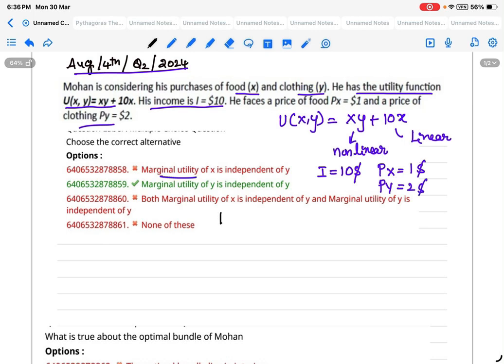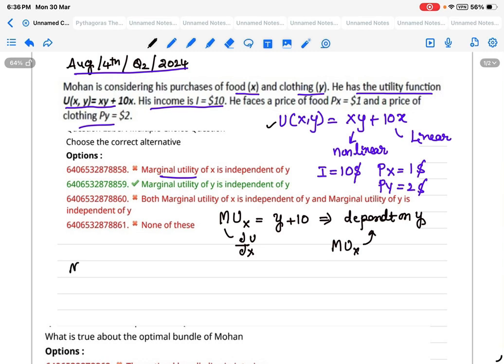They are asking for the marginal utility of x, MUx, which is always partial differentiation, dou u by dou x. That is the differentiation of this utility function with respect to x, where y is constant, giving y plus 10. So MUx is dependent on y.